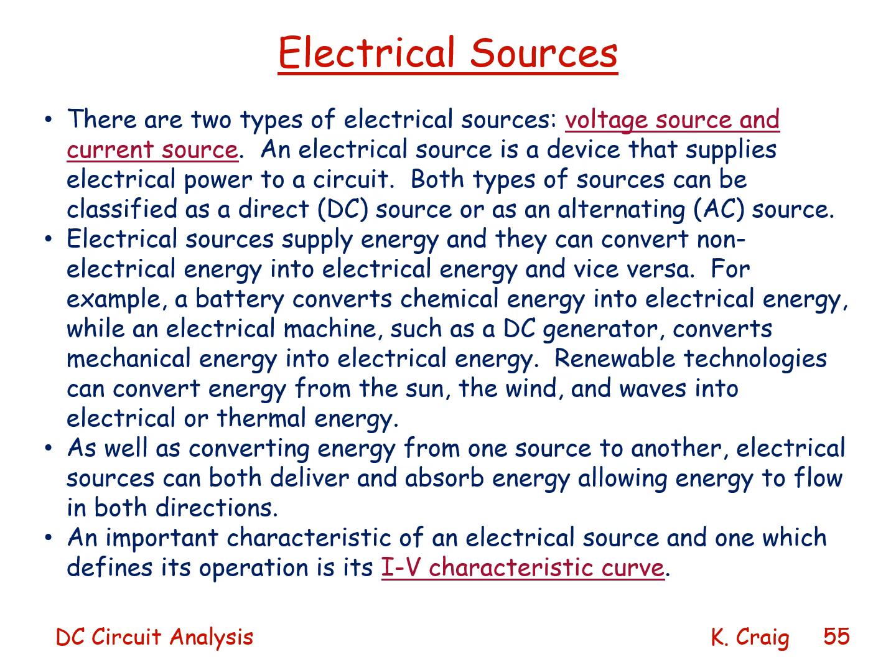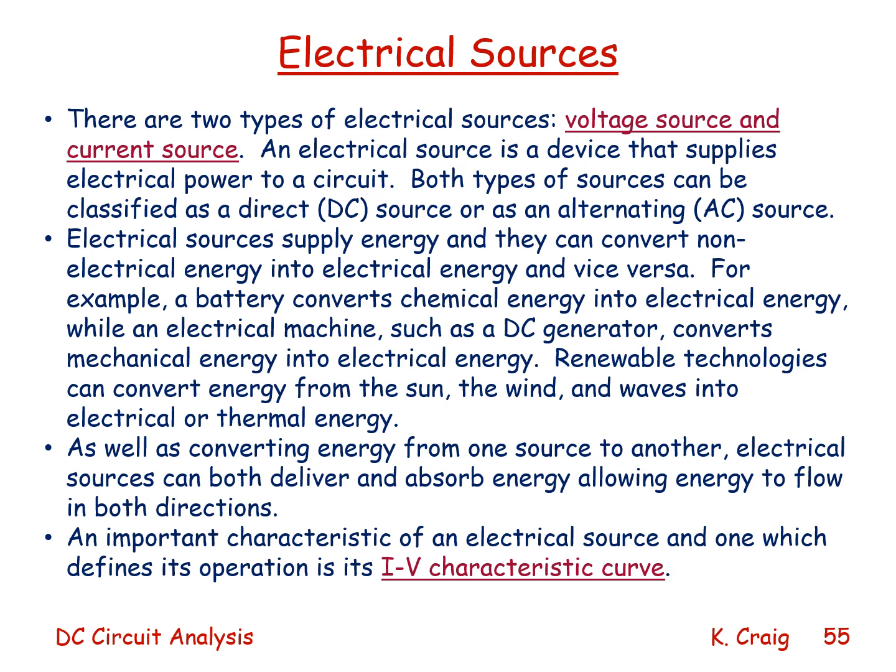Electrical sources supply energy, and they can convert non-electrical energy into electrical energy, and vice versa. For example, a battery converts chemical energy into electrical energy, while an electrical machine, such as a DC generator, converts mechanical energy into electrical energy.